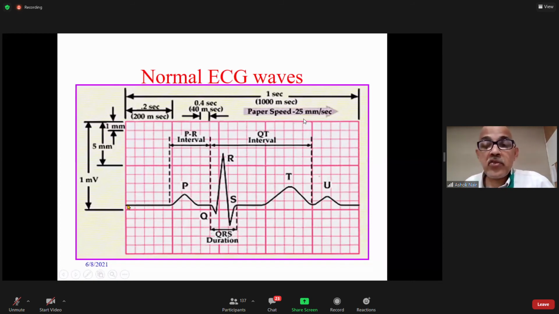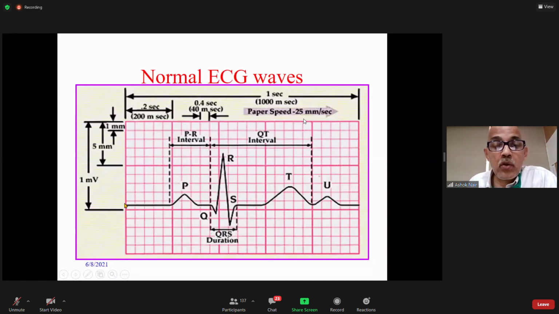If you look at the normal ECG, you have waves: P wave, QRS complex, T wave, and U wave later. So in a normal ECG, you have waves, durations, and intervals. Each 10 millimeter in the vertical axis is 1 millivolt.